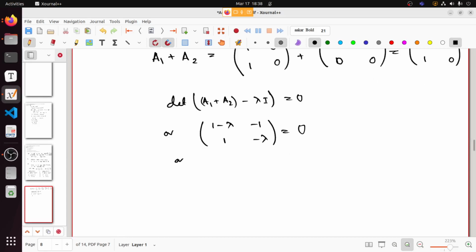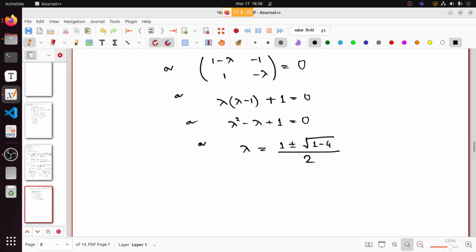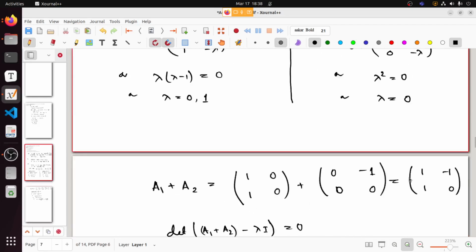If you solve this, you get lambda into lambda minus 1, plus 1 equals 0, or lambda square minus lambda plus 1 equals 0. This is a quadratic equation, and the formula is known: minus b plus minus square root of b square minus 4ac by 2a, right? So the eigenvalues are 1 plus minus root 3i by 2. So the eigenvalues of A1 plus A2 are complex.